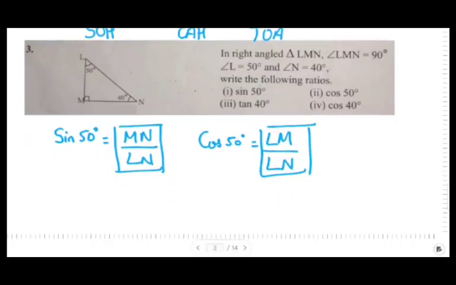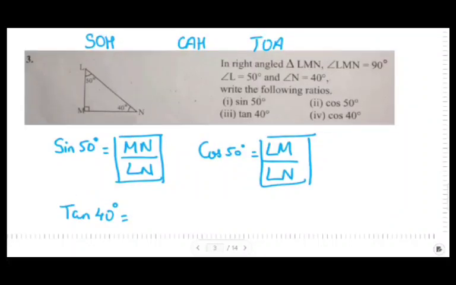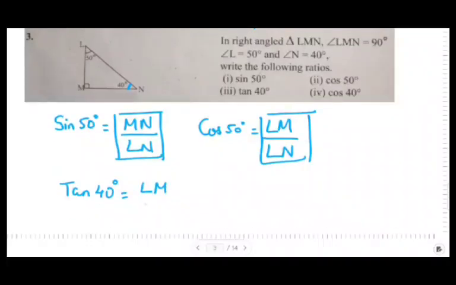What about tan 40 degrees? TOA, 40. Opposite is LM. Adjacent is MN. Correct? And so this is my first one.